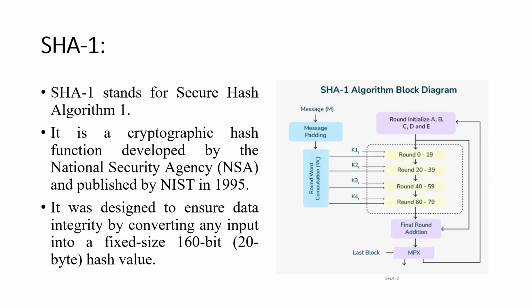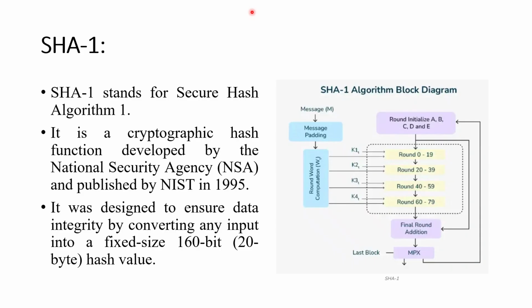Here there are two types of algorithm. First we will see SHA-1, which stands for Secure Hash Algorithm 1, that produces a 160-bit, which is a 20-byte hash value, usually displayed as a 40-character hexadecimal number.